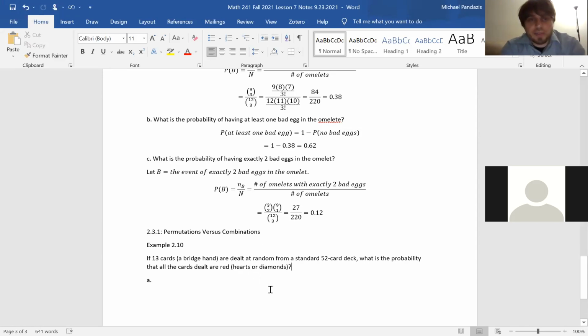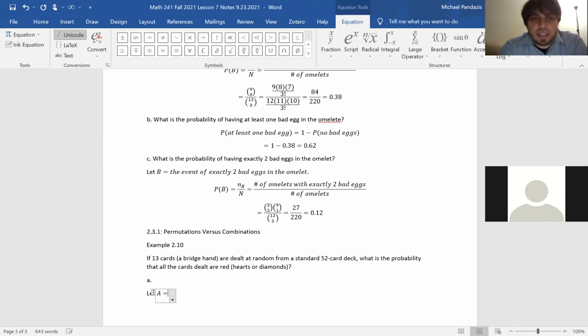Okay, so let's introduce notation again. So let capital A equal the event in which all 13 cards are red.